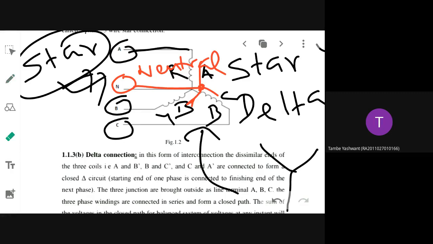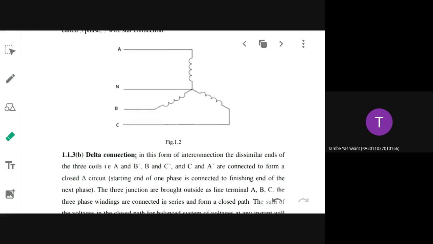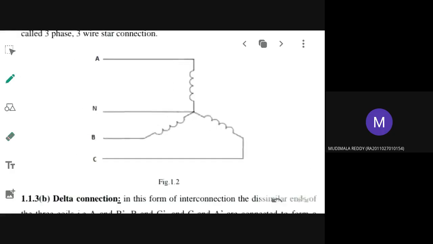So how will you have star connection? Tell me again. There are 3 phases or 3 coils you are having. To generate 3-phase AC, there are 2 ways in which you can do the connection. One is star connection, otherwise called Y connection, and the other one is delta connection. Let this be R phase, let this be Y phase, and let this be B phase.